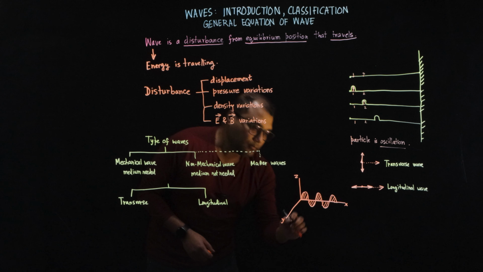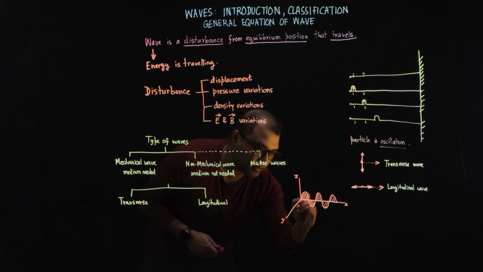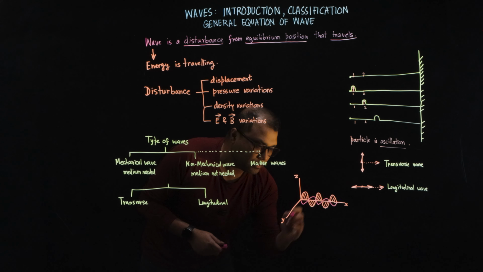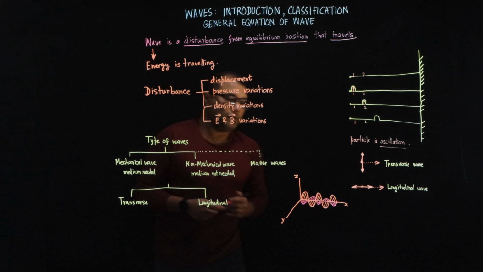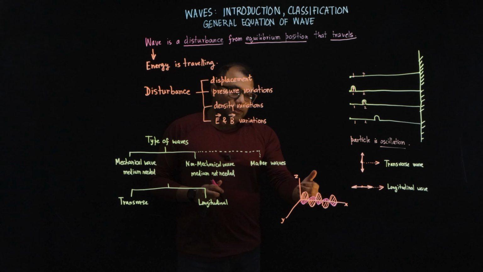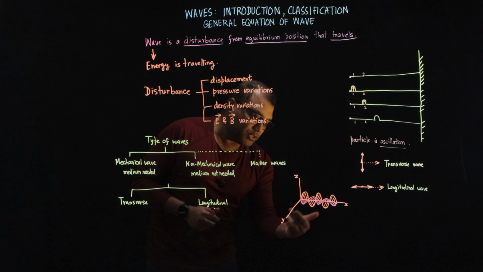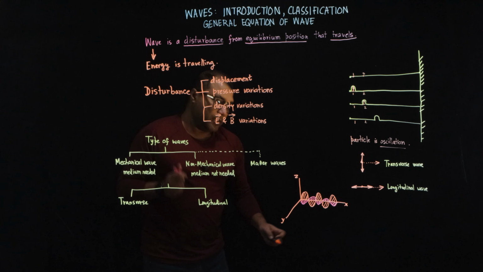In the y coordinate, let's say the magnetic fields are varying.